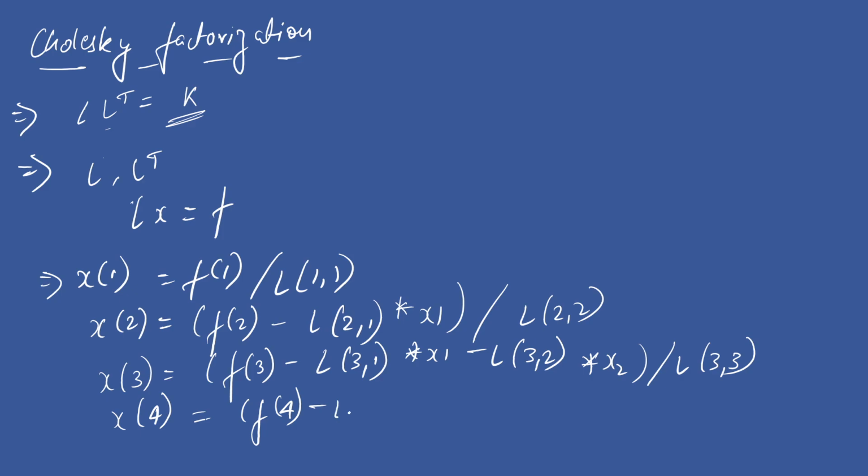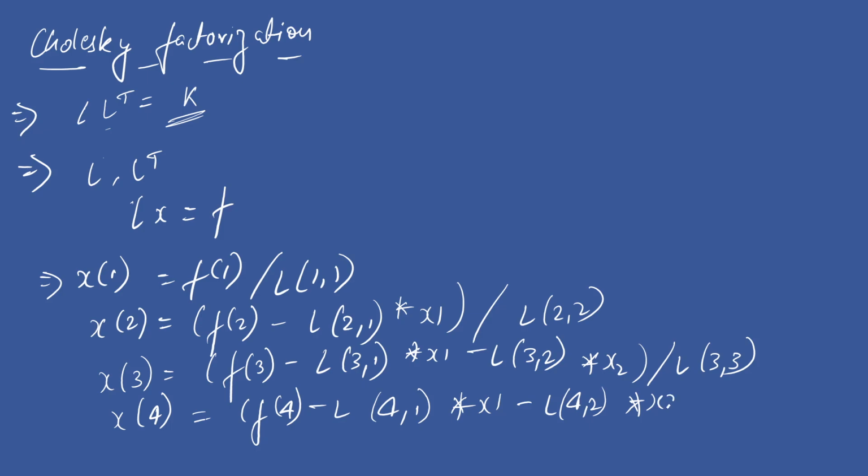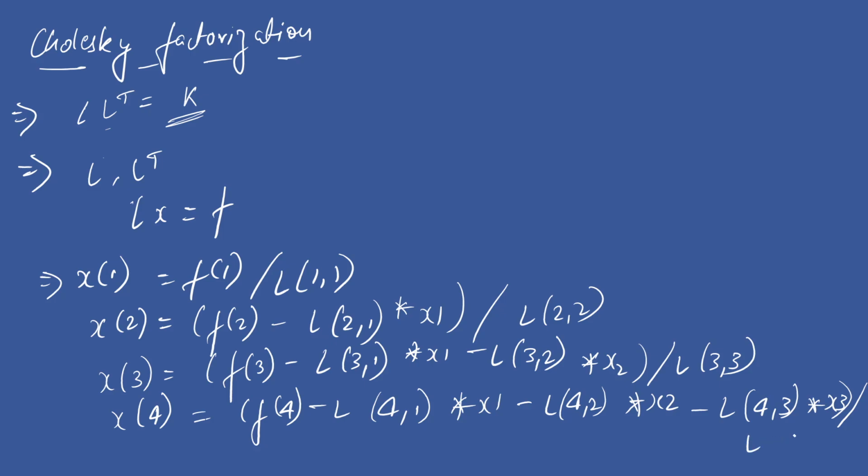which is given by f of 4 minus L of 4 comma 1 into x1 minus L of 4 comma 2 into x2 minus L of 4 comma 3 into x3, divided by L4 comma 4.